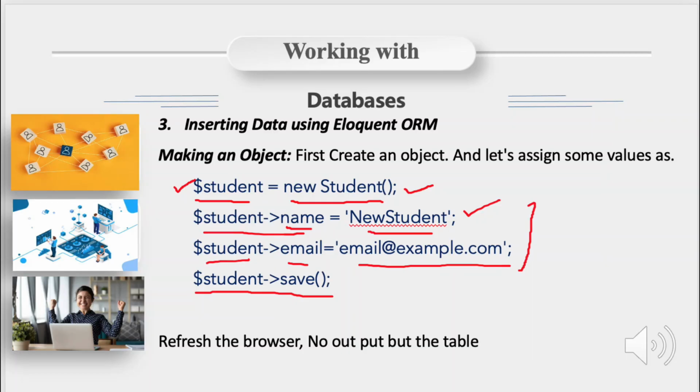We learned how to read data from a database using three methods: raw query, query builder, and Eloquent ORM, object relational mapping, for which we created the model with the name Student. So we use that one to read the student data from a database and display it in a web page.